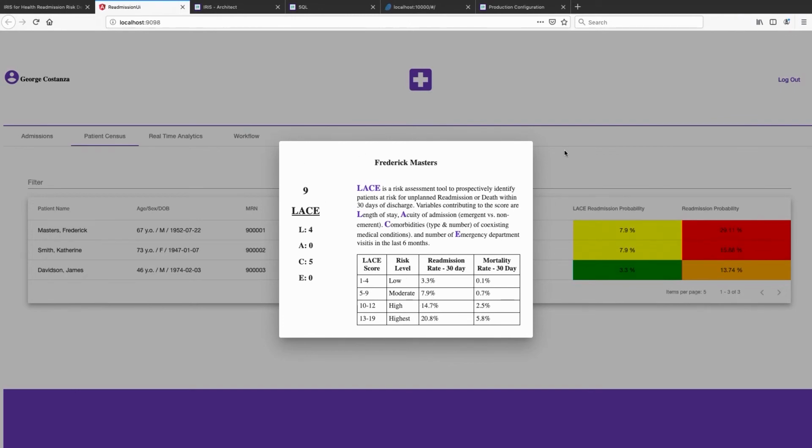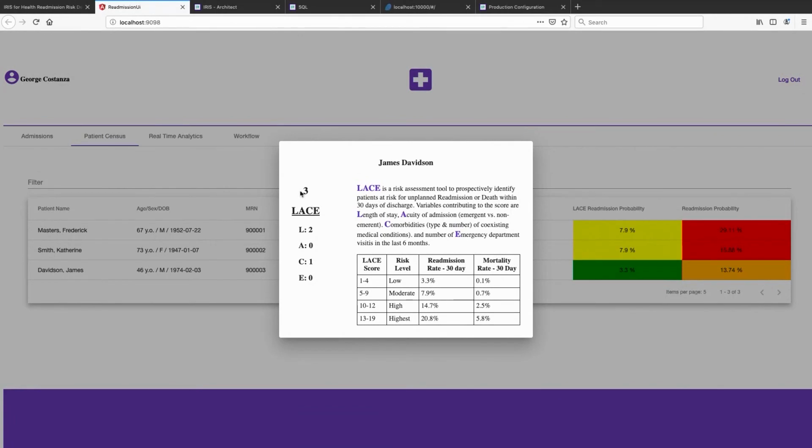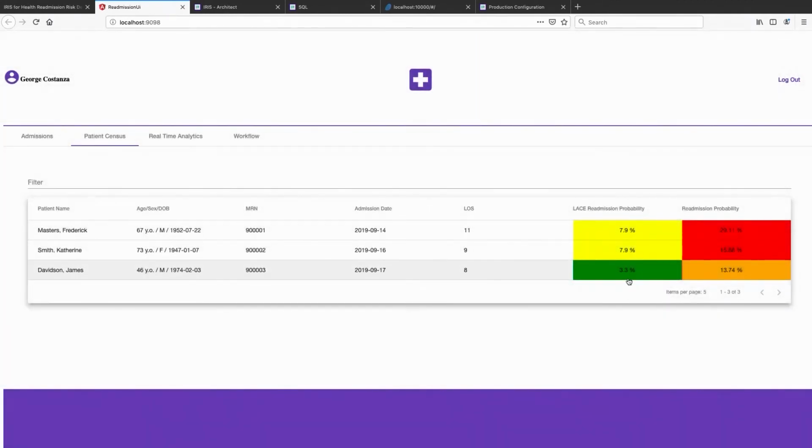So for every patient here, if I click on this third patient, I can see that it has a LACE score of 3, and that translates to a 3.3% risk of readmission. And why am I doing this? Why am I putting readmission risk here as a percentage score?